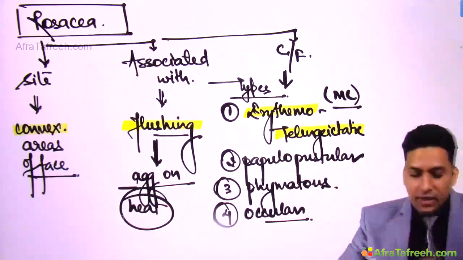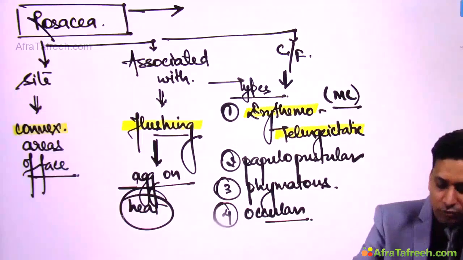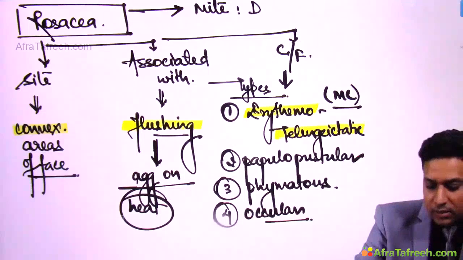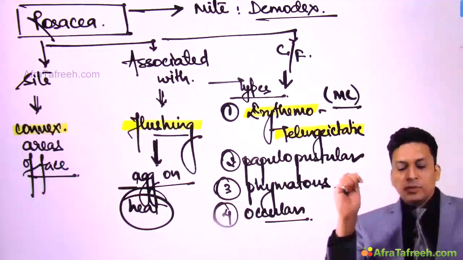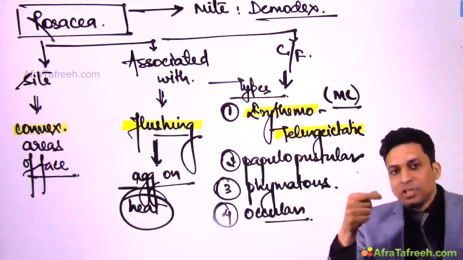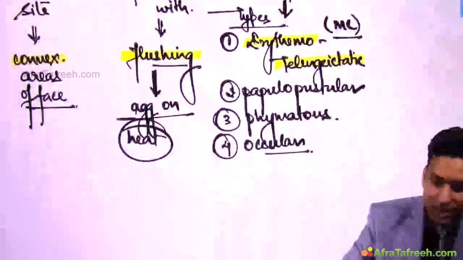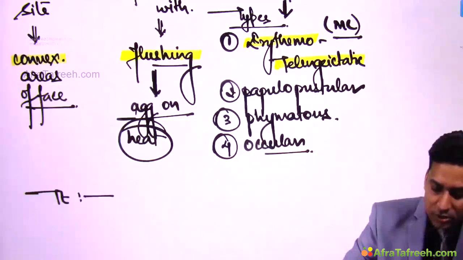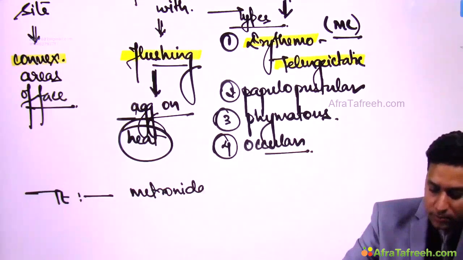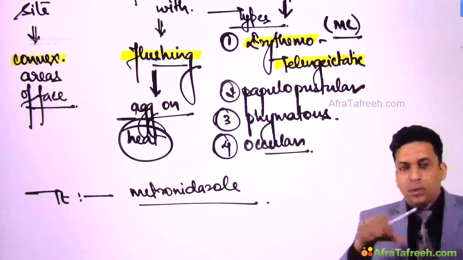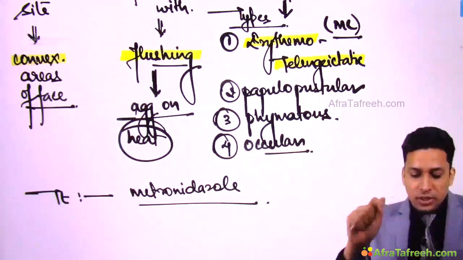Now in the etiology of rosacea, there is a role of a mite, and that mite is Demodex mite, which infests the pilosebaceous unit. That is the reason why the treatment of this condition is metronidazole. Okay, so these are the points which you need to remember in rosacea.